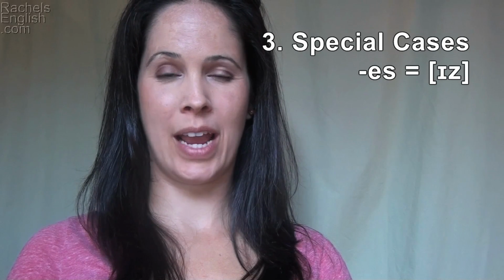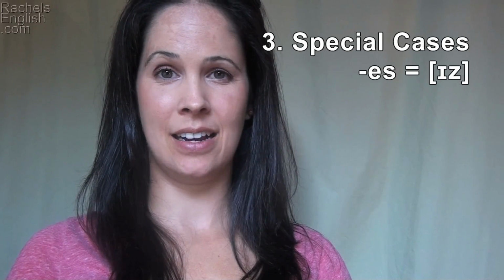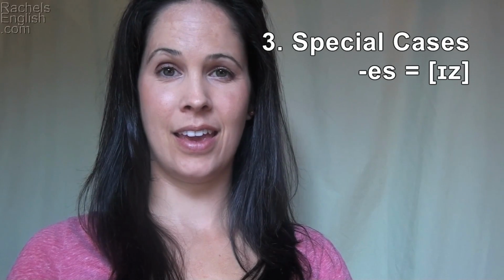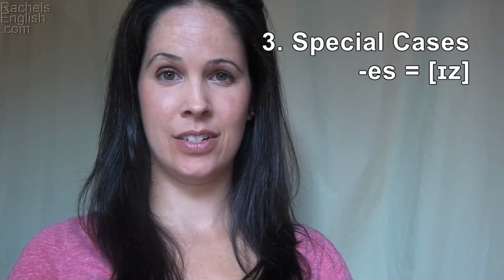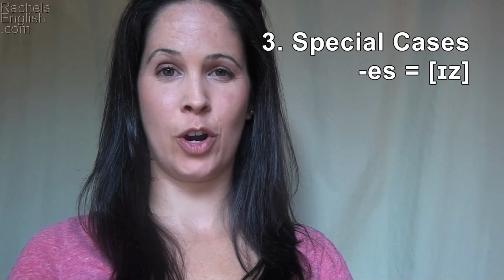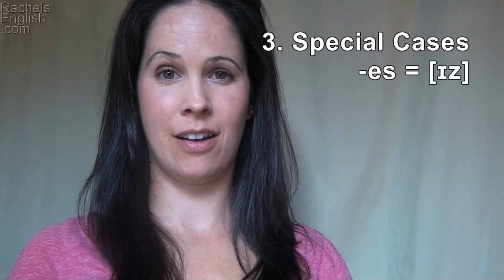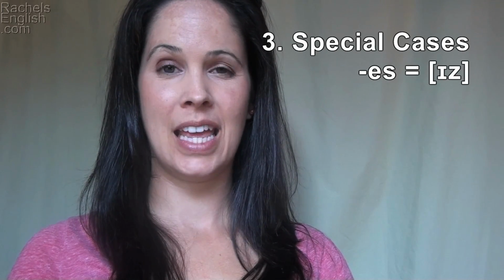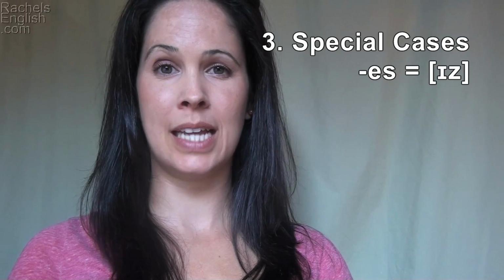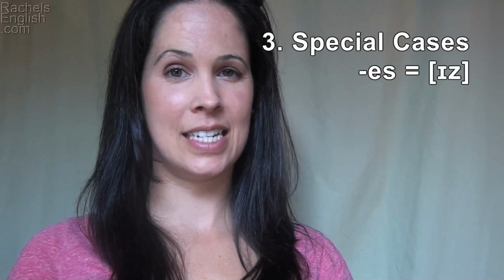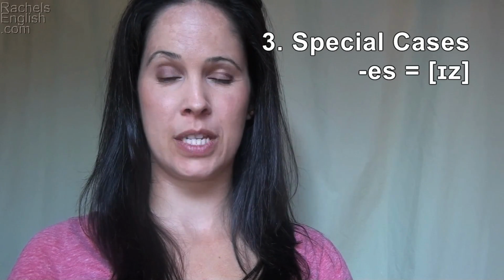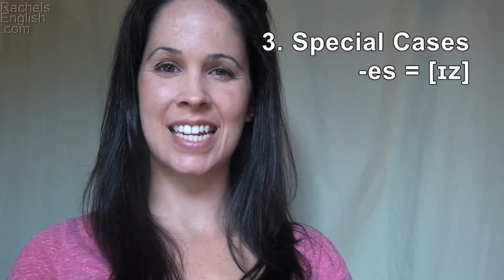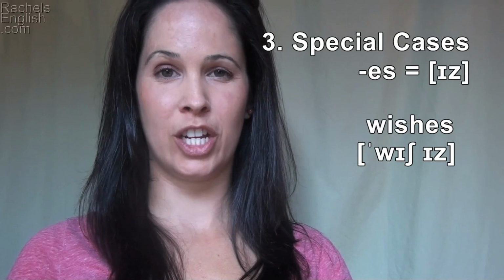Because this category adds a vowel sound and a consonant sound, the I and the Z sound, words in this category will have an extra syllable added on when they are made plural. In the other 2 categories, we were simply adding one sound, and it did not change the number of syllables in the word. Let's take an example. The word wish.